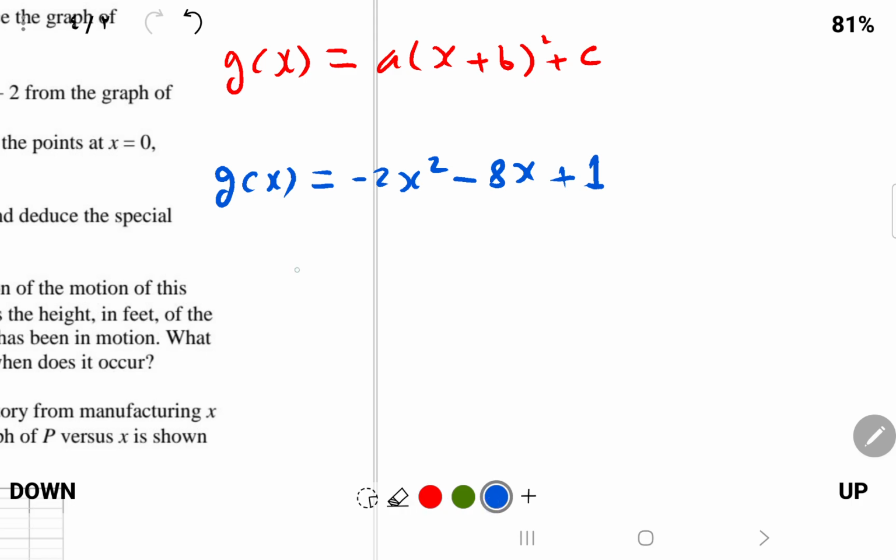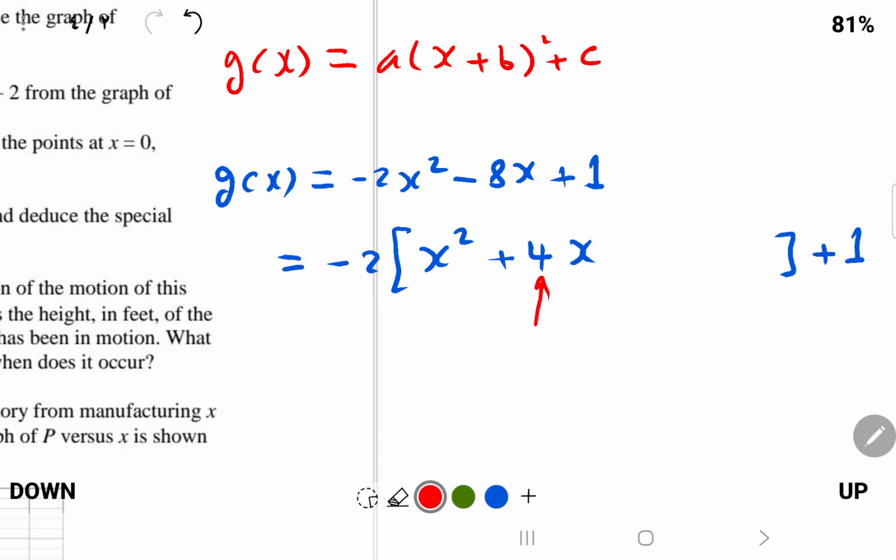To do that, let's extract the common factor negative 2, factorizing the equation: x squared plus 4x, and then plus 1. Here we will take half the coefficient of x and square it. What's half of 4? 2. Then you add 2 squared minus 2 squared.